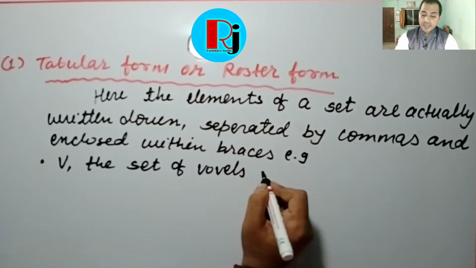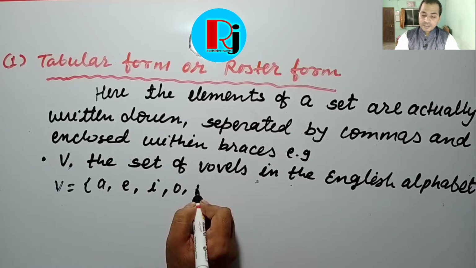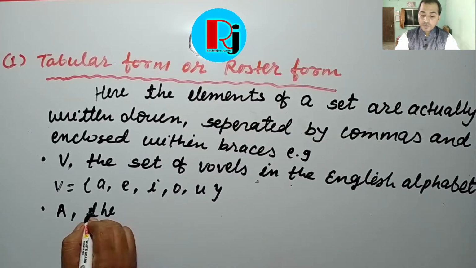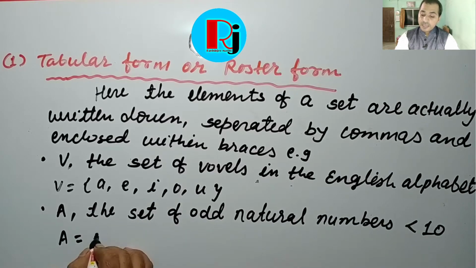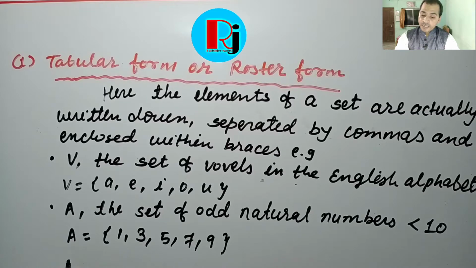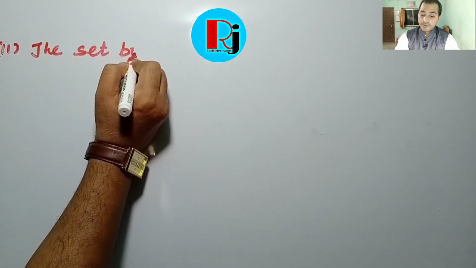V, the set of vowels in the English alphabet: V = {a, e, i, o, u}. A, the set of odd natural numbers less than 10: {1, 3, 5, 7, 9}. And the set of natural numbers: {1, 2, 3, ...}.